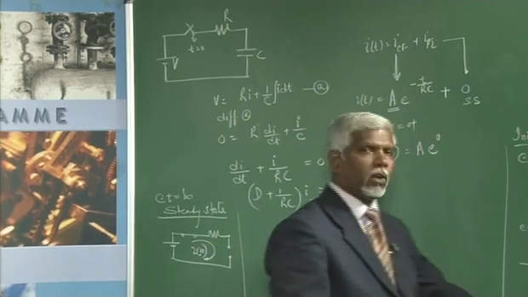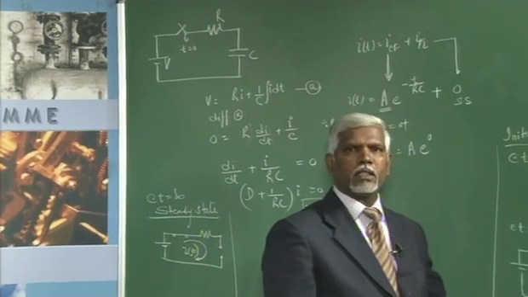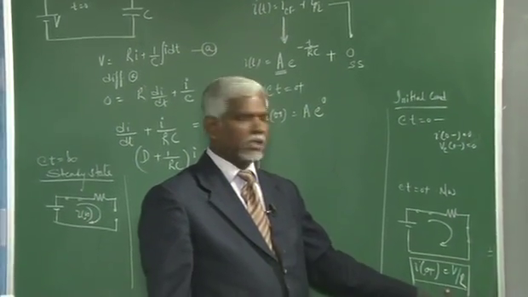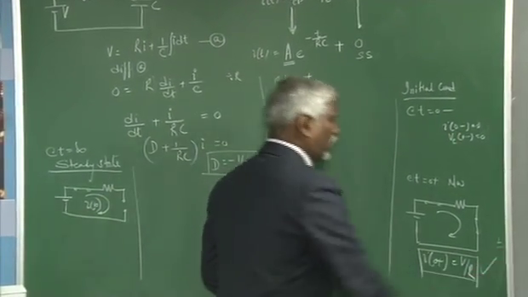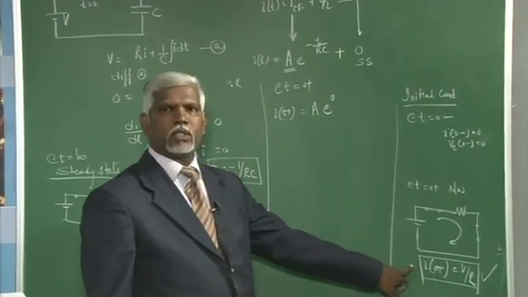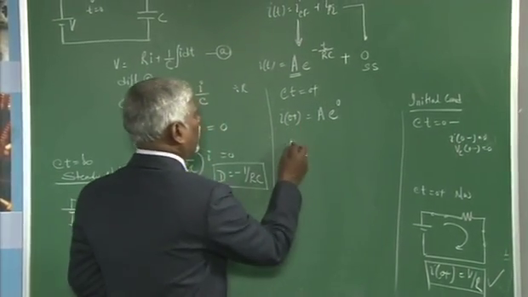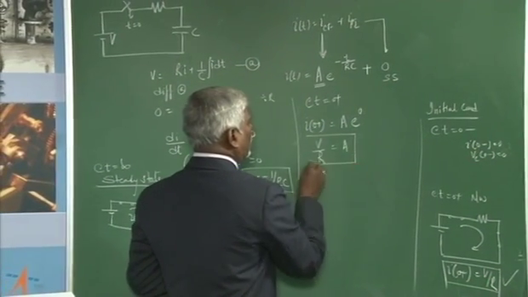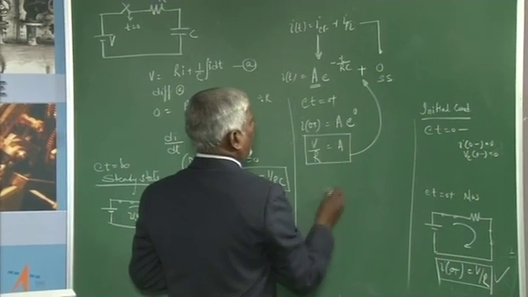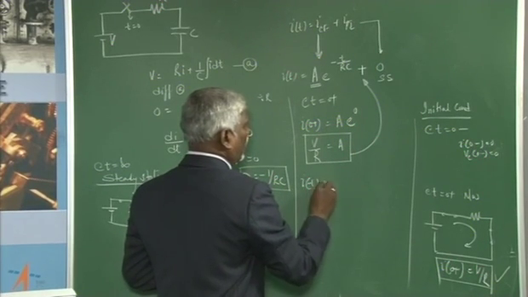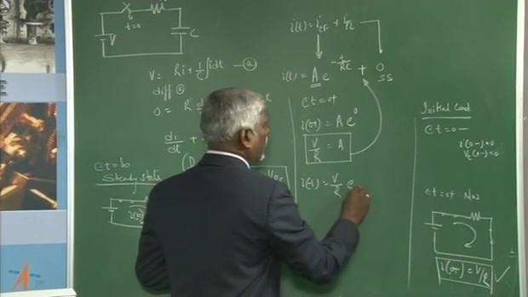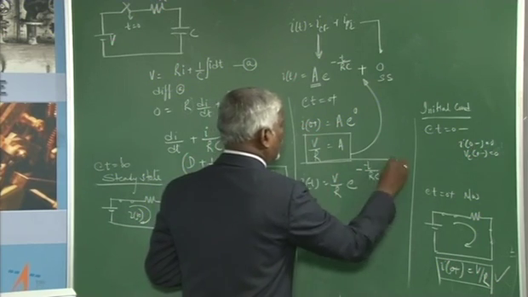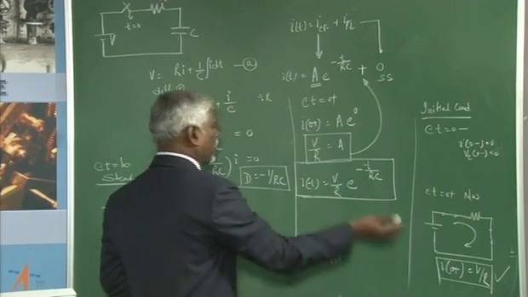We know the expression for I at 0 plus is V by R, which is very important. I at 0 plus is V by R equal to A. Substituting this here, I get I of t equal to V by R e to the power of minus t by RC. This is the expression for current.